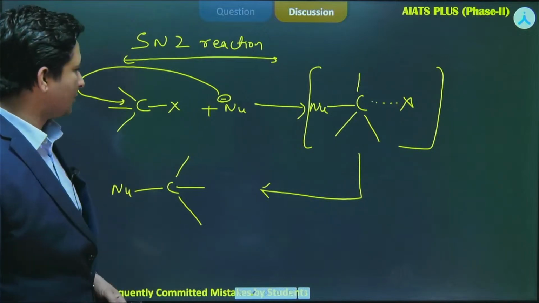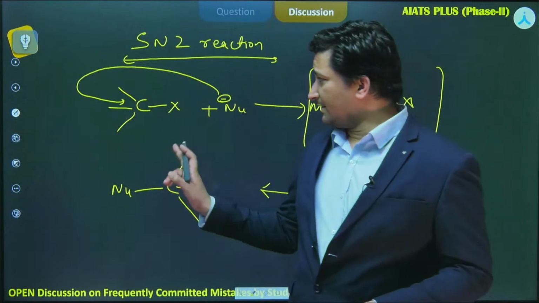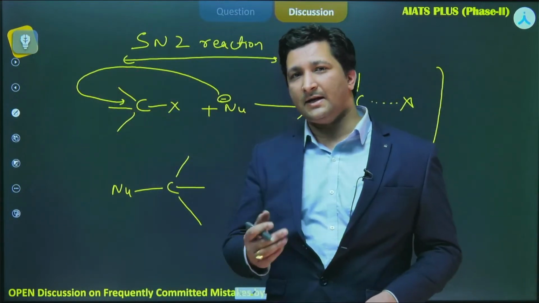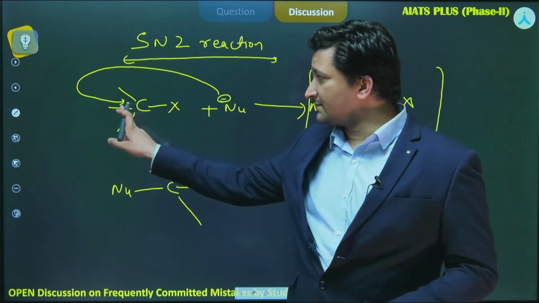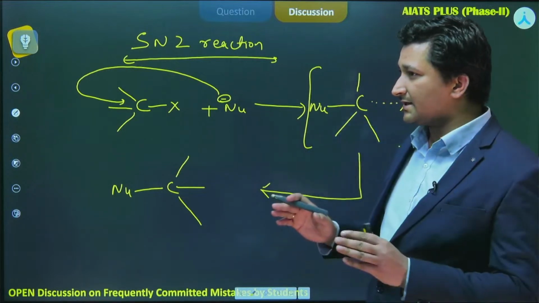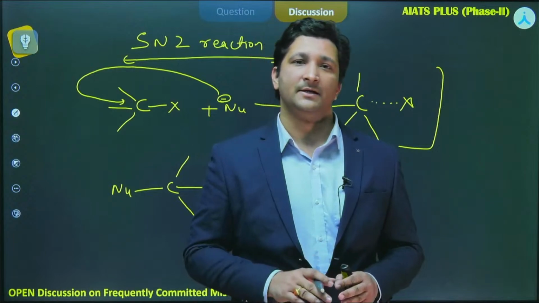Now one more very important thing you have to understand about the SN2 mechanism is that the nucleophile has to attack from the back side. The more space there is here, the easier it will be for the nucleophile to attack. This space problem is generally called a steric problem in chemistry.